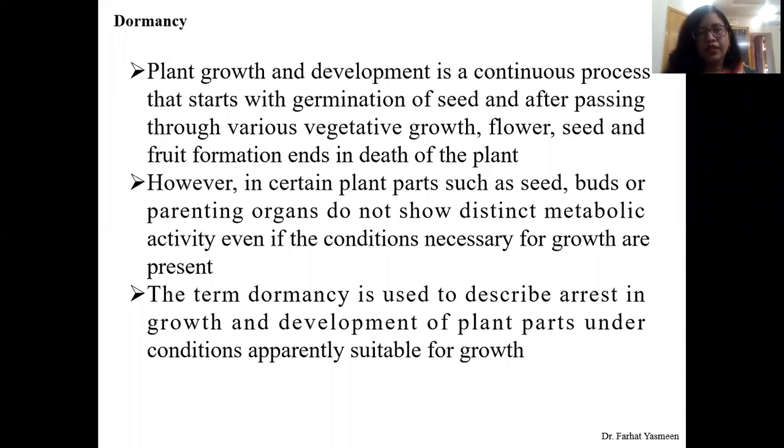Whenever you hear the word dormant, the thing that comes to your mind is that something has ceased its functioning, something has stopped its working.